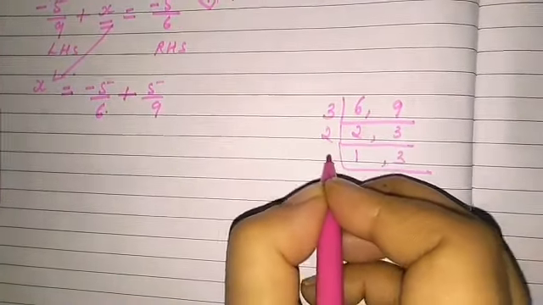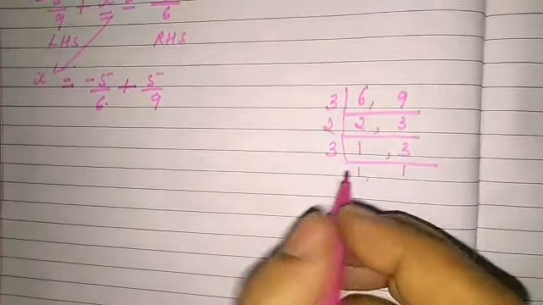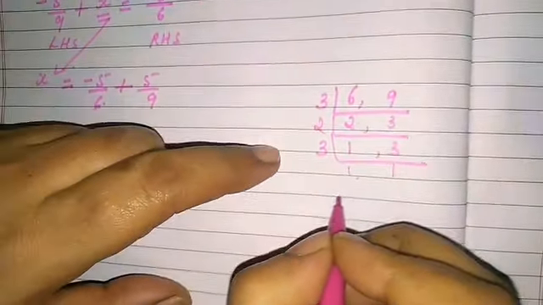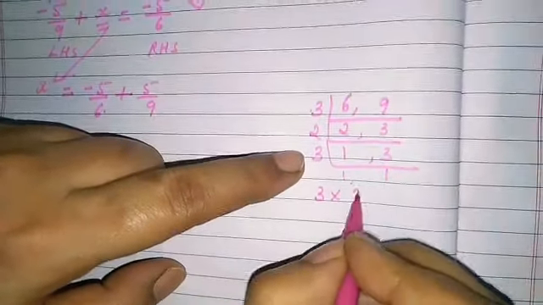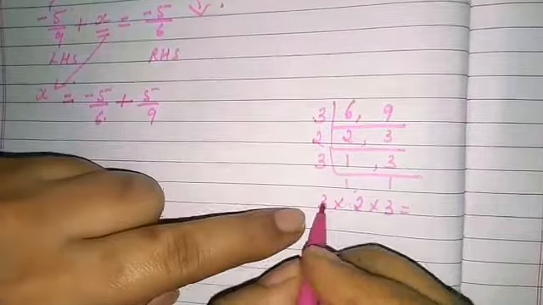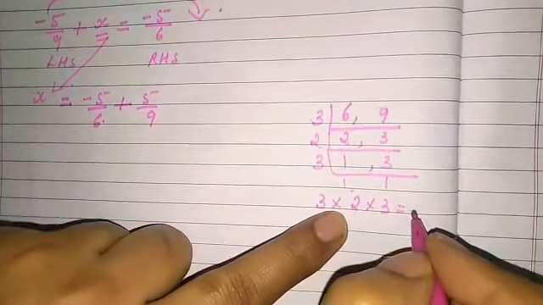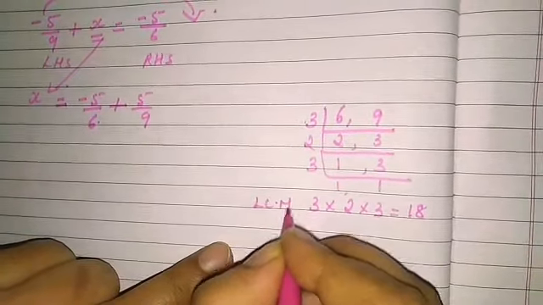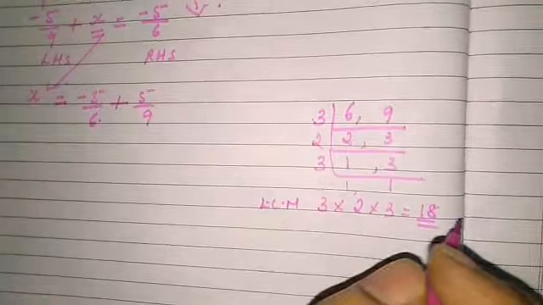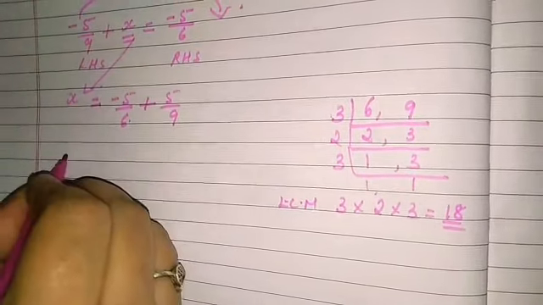Let's write this 3 as it is, and 3 1s are 3. So the LCM is going to be 3 into 2 into 3. 3 2s are 6, and 6 3s are 18. So the LCM is 18.